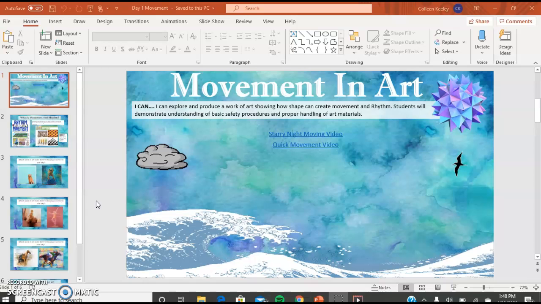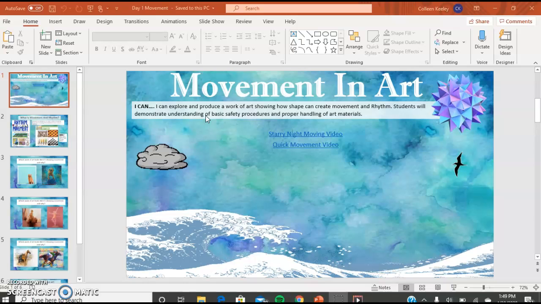We are jumping into a new project, a new topic this week, all about movement and rhythm in art. When I think back to when I was your age, if someone told me that art has movement, I wouldn't really believe them, because whenever I think of art, I think of paintings, drawings, statues, sculptures, and those are stationary objects that don't move.